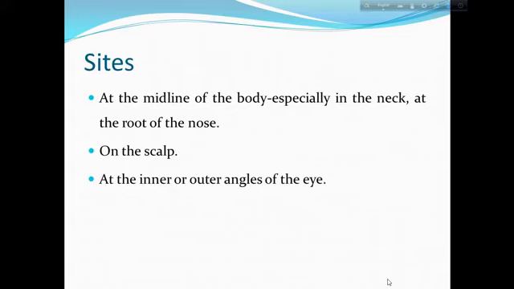Sites are usually at the midline of the body, especially in the neck, at the root of the nose, on the skull, at the inner or outer angle of the eyes.